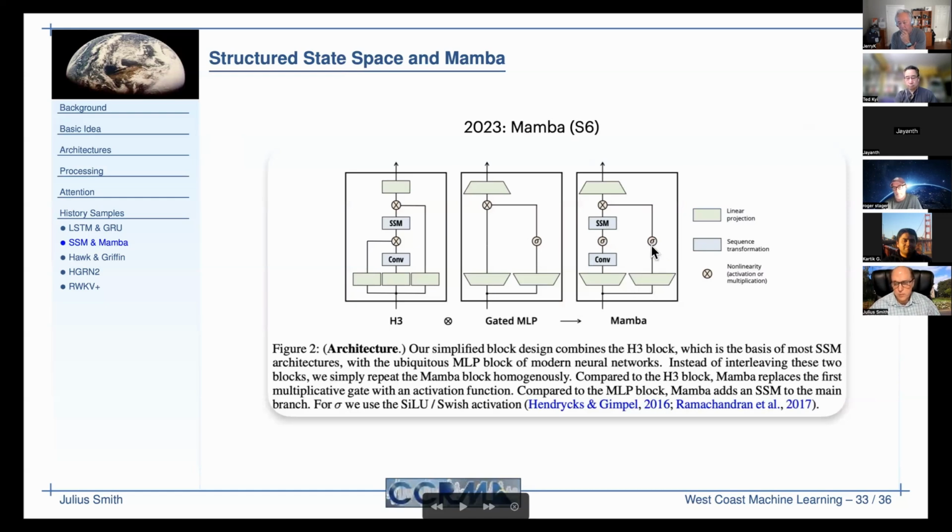This one is more reasonable because it's an activation for gating, and that totally makes sense to me. But for the input to the SSM, I have it on my list to try replacing this sigma with an RMS norm and see what that does. It's once again driven by a particular intuition that may or may not make sense, may or may not work. You never know until you try it.